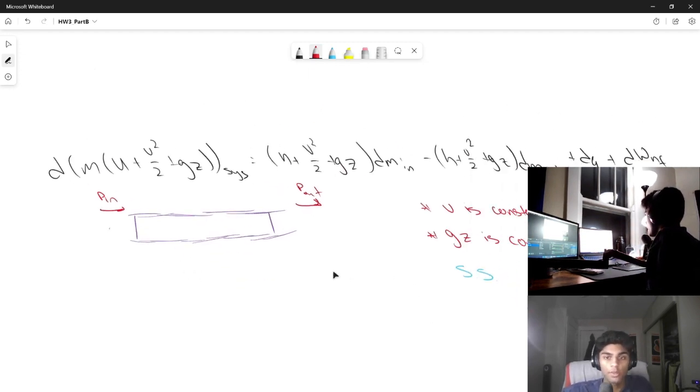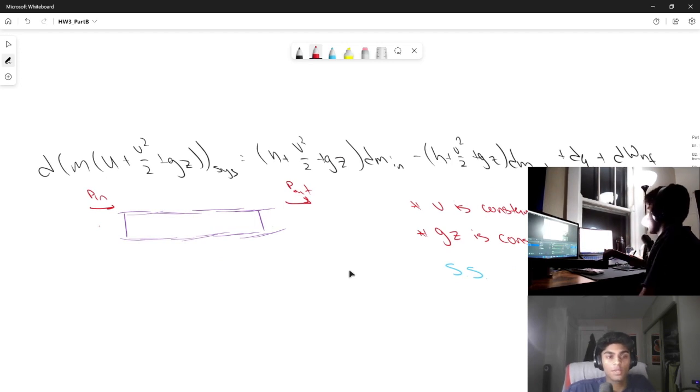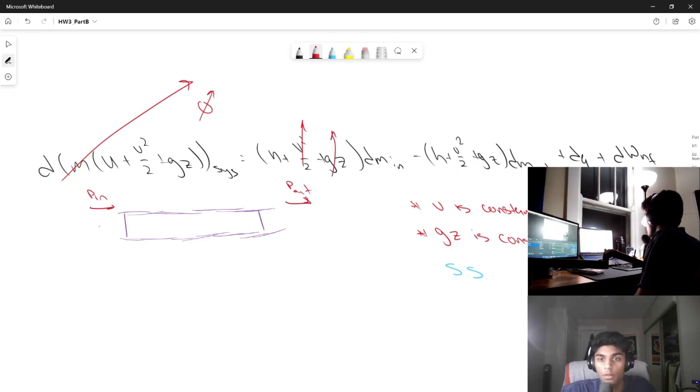So what that tells us is that this side is going to be 0. There's no time-dependent change here. We are ignoring velocity and our gravity. As before, our differential mass in is equal to our differential mass out, which is just going to be equal to a singular differential mass.